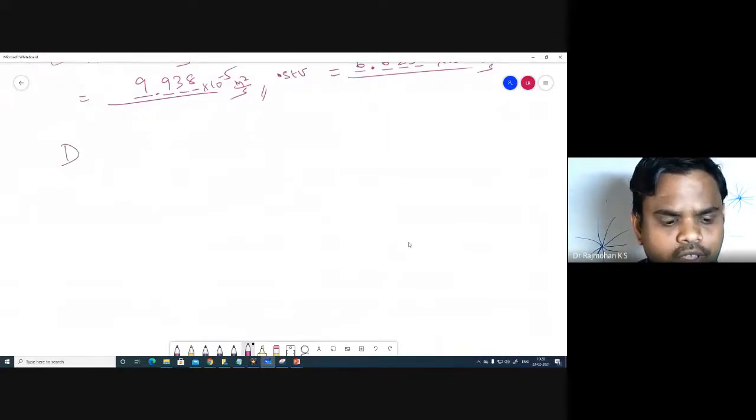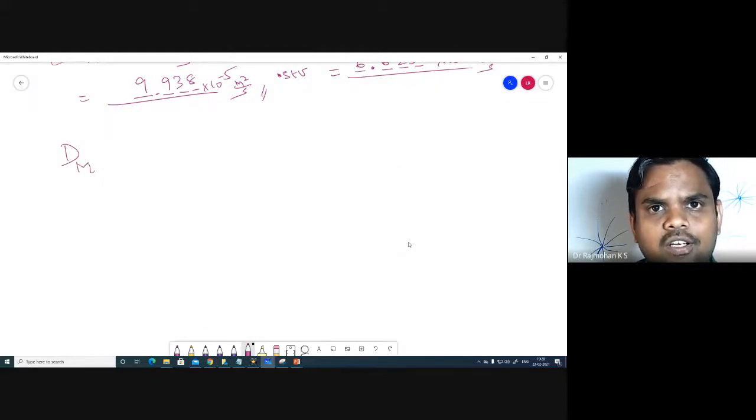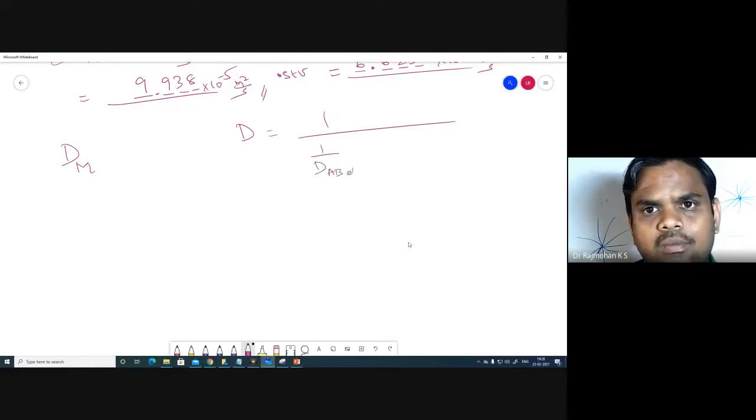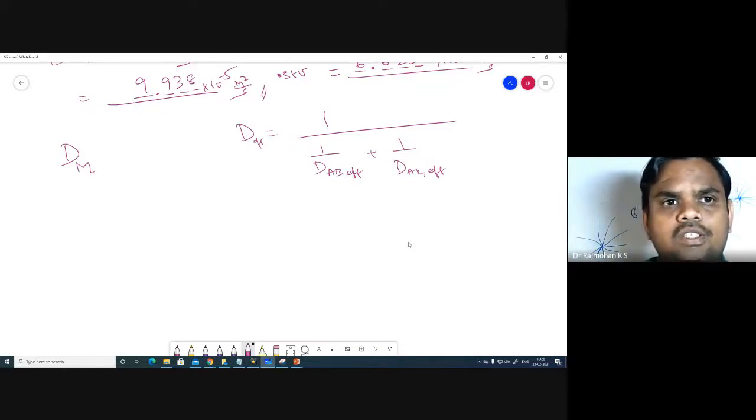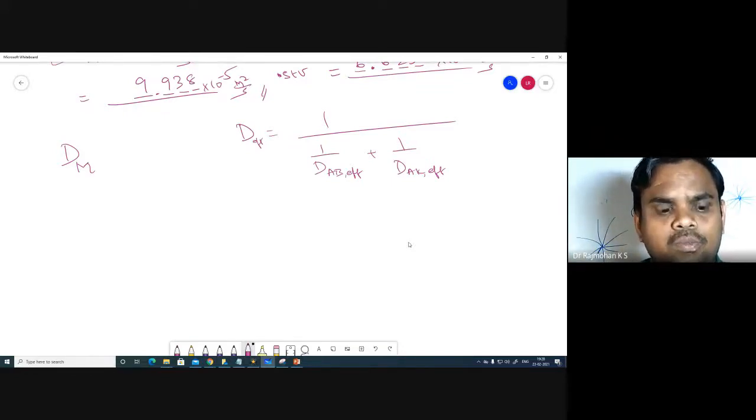We have seen that generally I will write first D effective is 1 by DAB effective plus 1 by DAK effective. So this DM effective is, the M refers to macropores.